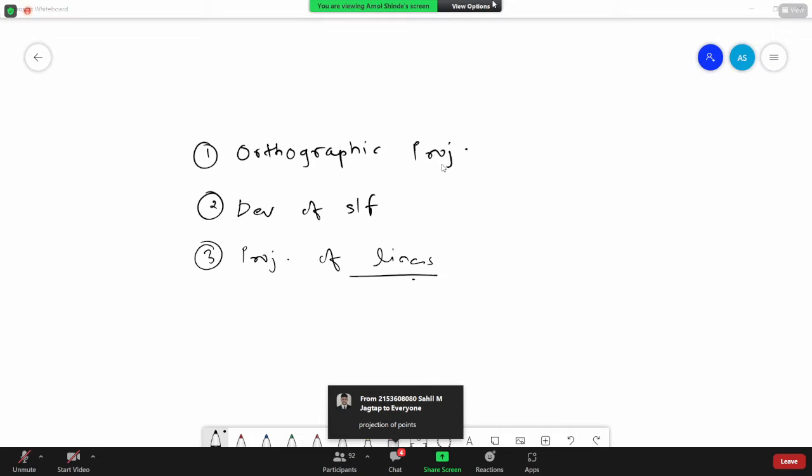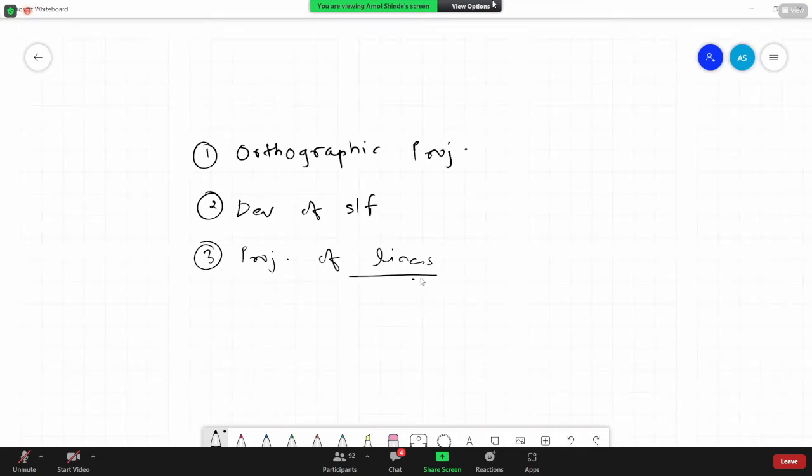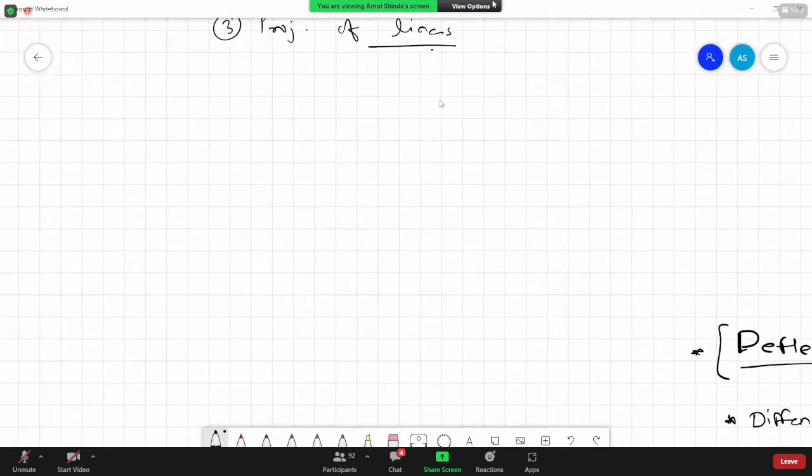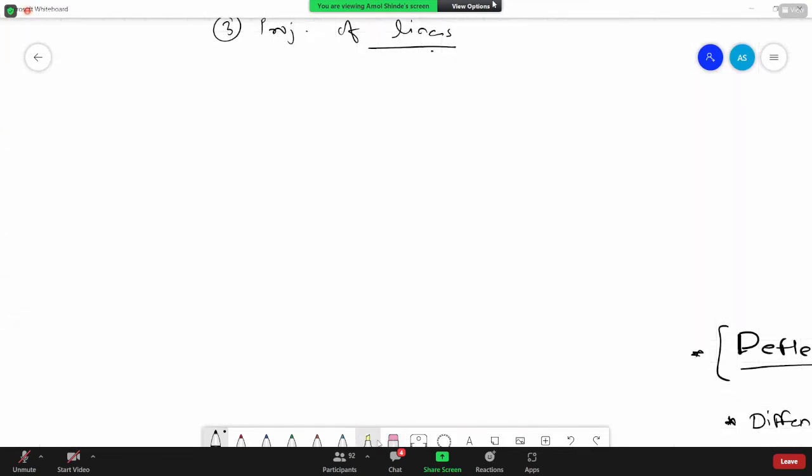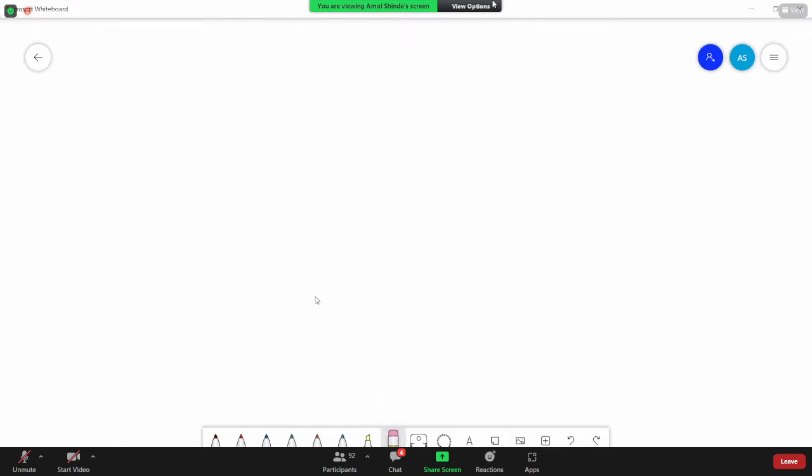Projection of solids. Okay. So the meaning is that we learned mainly projection. Am I right? Yes, sir. Okay, तो हमने projection सीखा है.